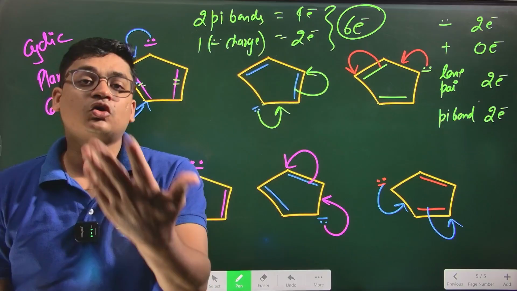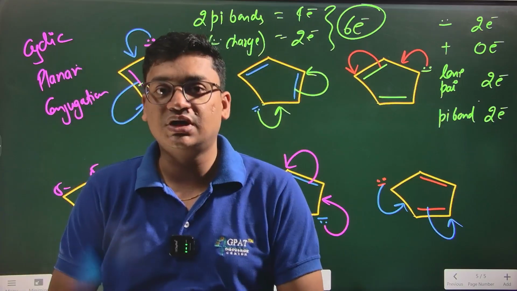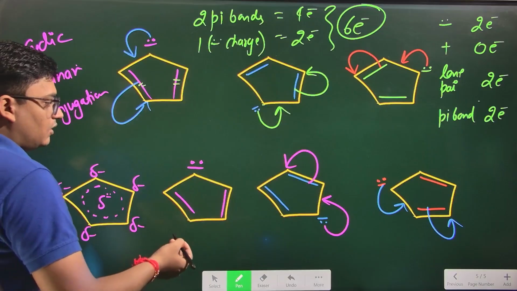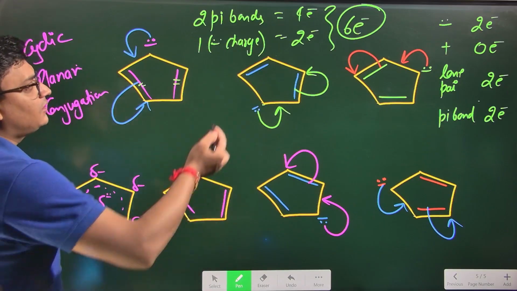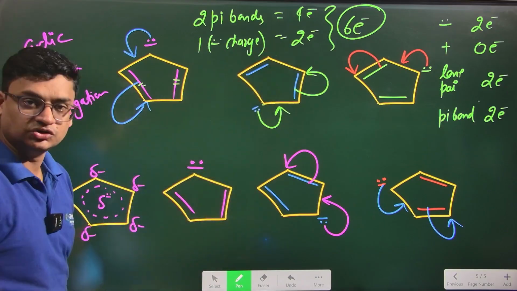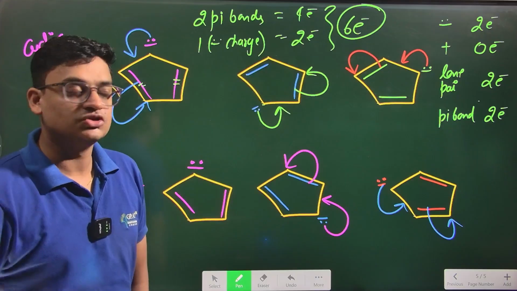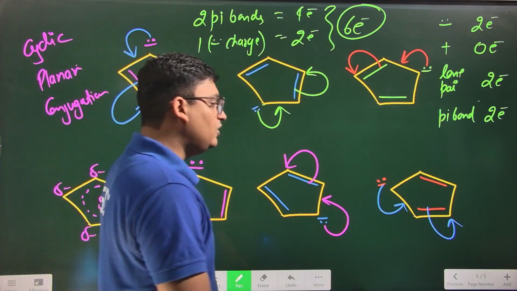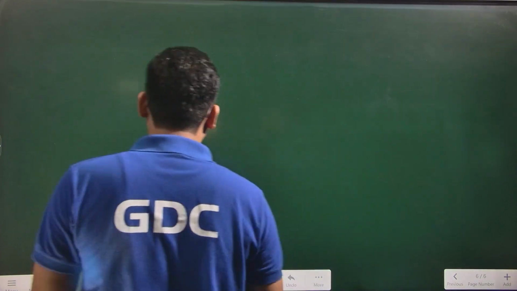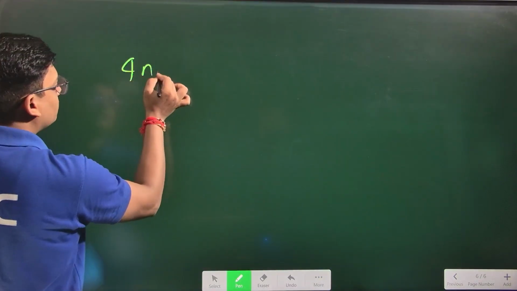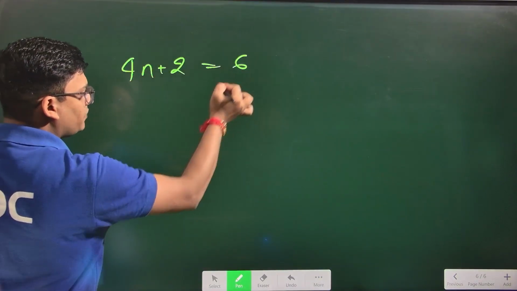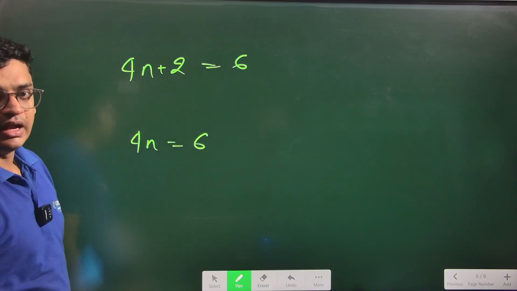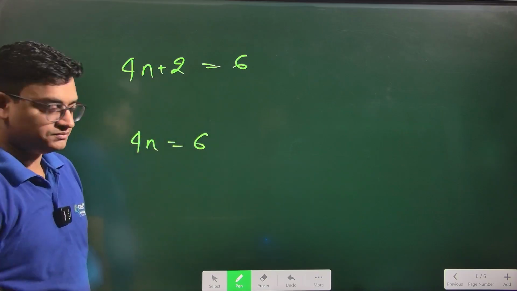So the total number of electrons in conjugation is 6. Now let's put these 6 electrons in 4n plus 2 for aromatic and 4n for anti-aromatic, and find the value of n.